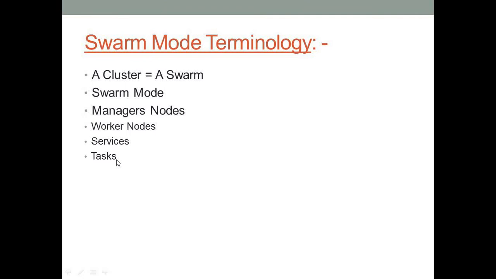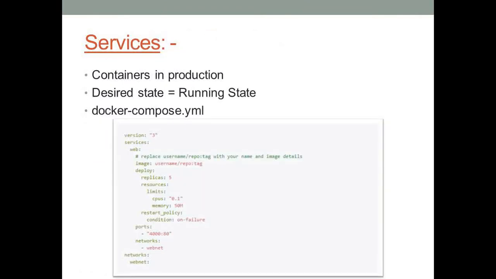For services, which we are going to discuss in the next slide, here it is. Services: containers in production. When we run containers in production, we need some scalability, and some conditions, like if something happens, what should be the next step.